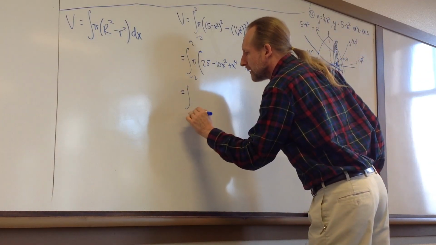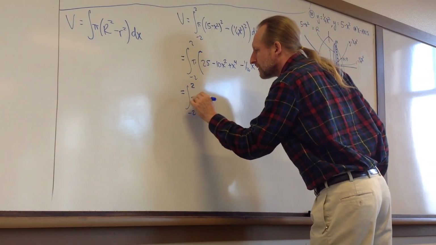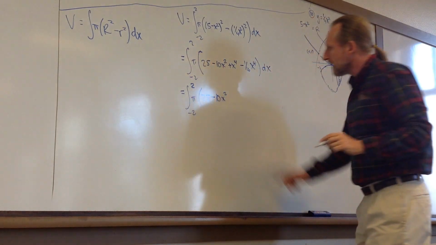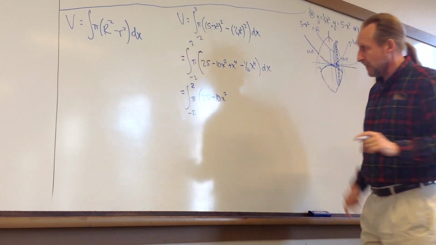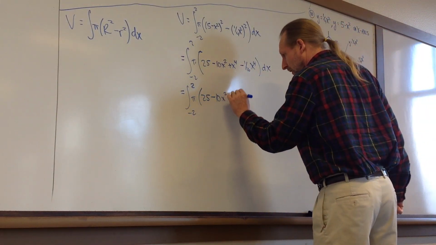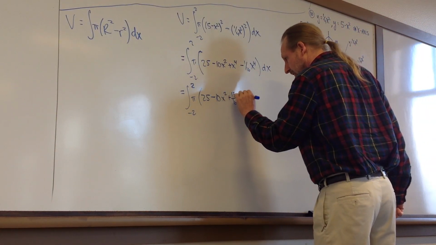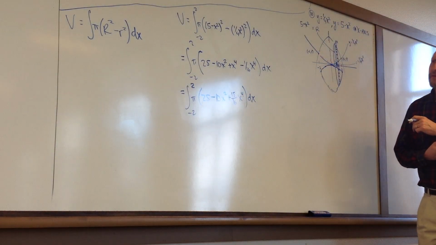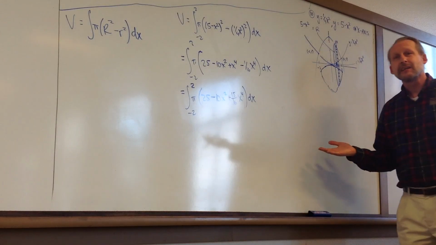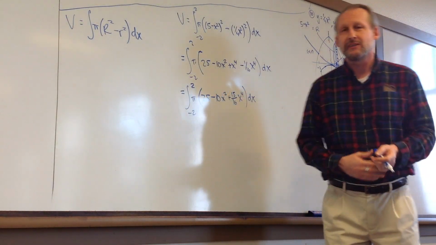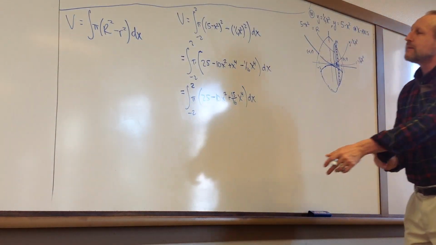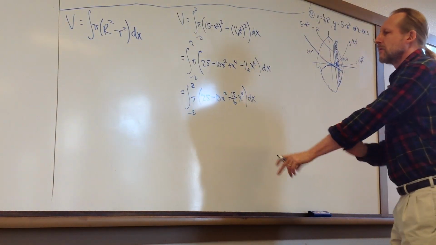So our integral here from -2 to +2, pi, 25 minus 10x squared, and then this is 1x to the 4th minus a 16th x to the 4th, so that's going to be 15/16 x to the 4th. Okay. And as I like to say, we haven't done any calculus yet, right? This was all just algebra right here. So now we're set up to take the integral.